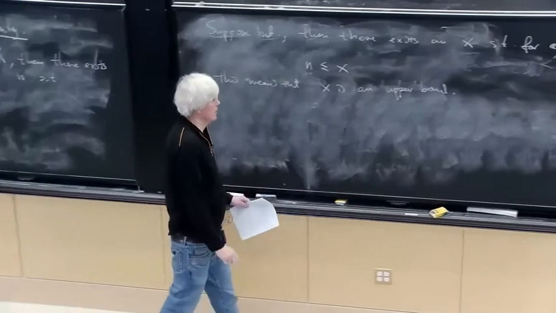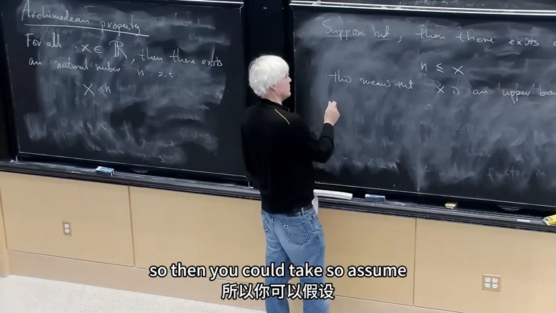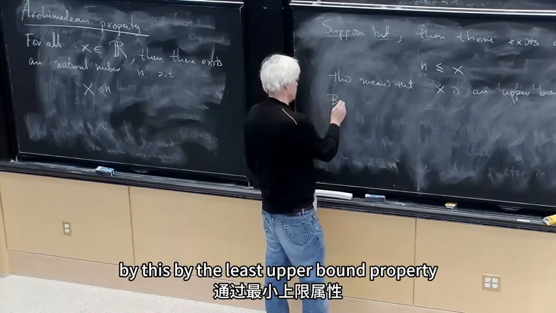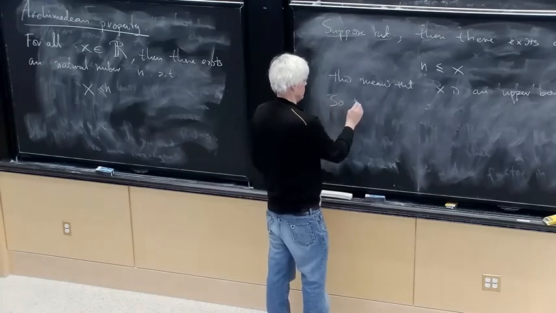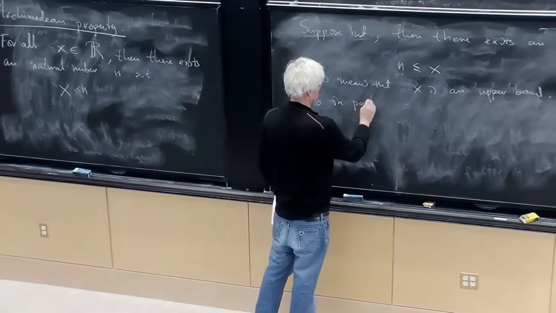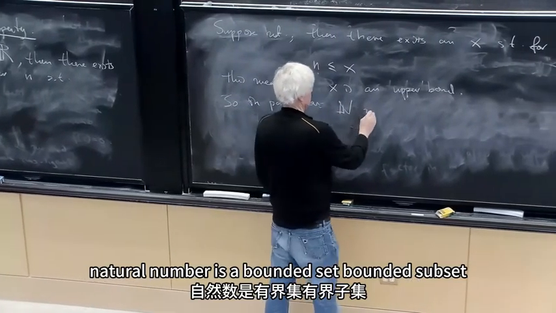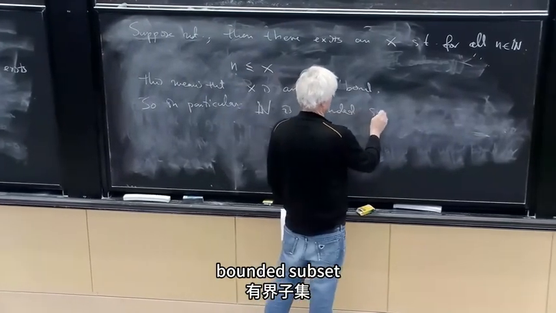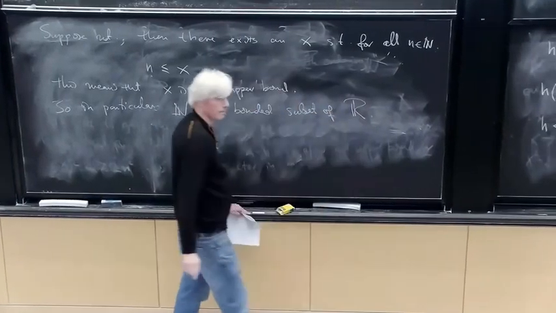Okay. And so now, by the least upper bound property, the natural numbers are a bounded subset of the reals, right?